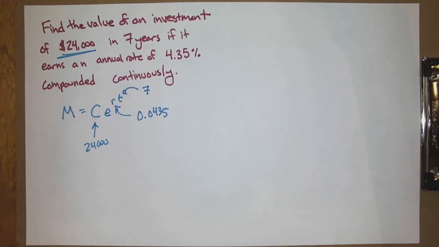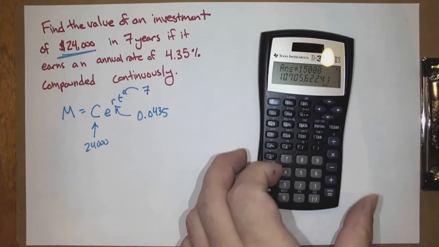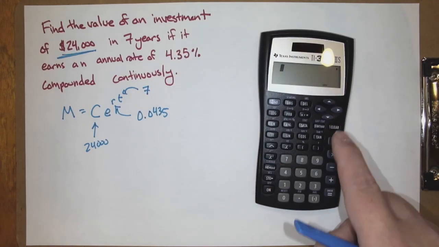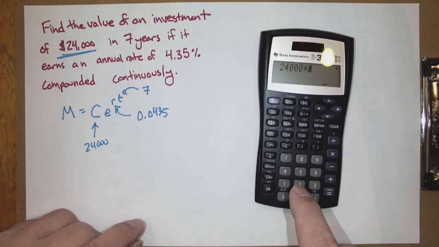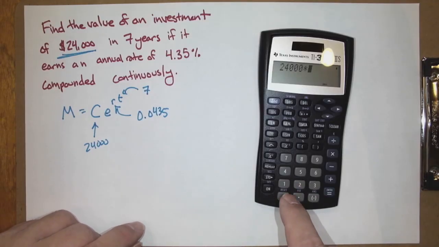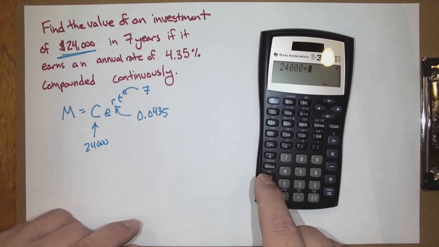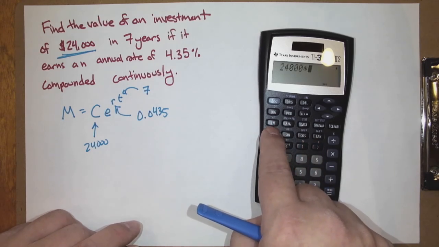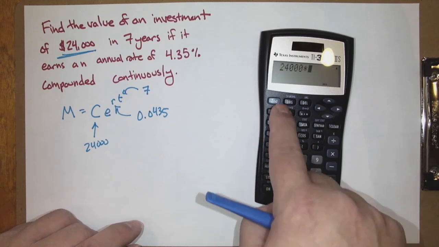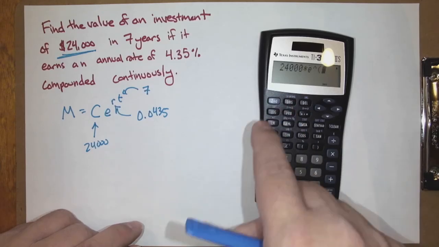So we punch all of that in. All right, so let's try this again. We're going to take 24,000 and times that by, and you should have a calculator that has an e to the button. Ah, it's up here. See, there's this ln. They often go together. We'll talk about why that's true.